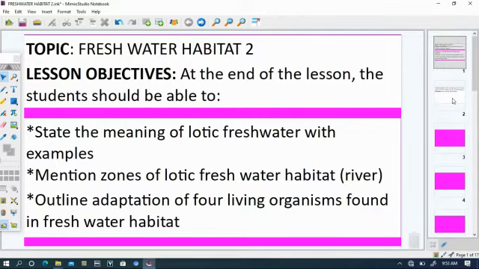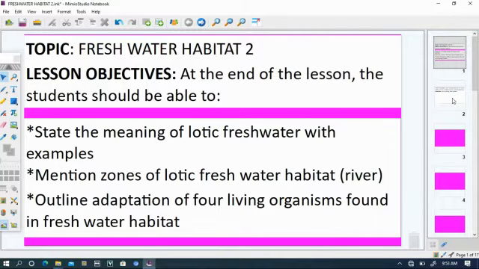In Part 1 discussion of freshwater habitat, I defined freshwater habitat as an inland body of water with very small salt concentration compared to the marine water habitat. And freshwater habitat can be divided into 2 types.